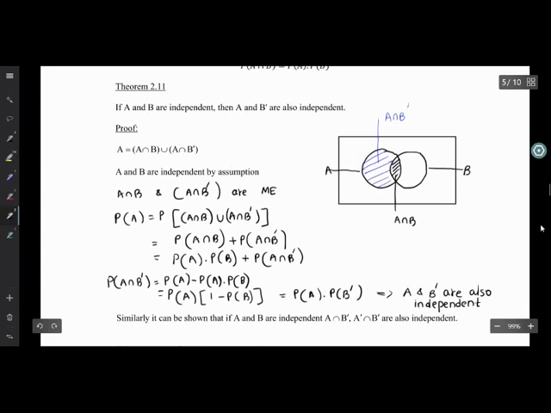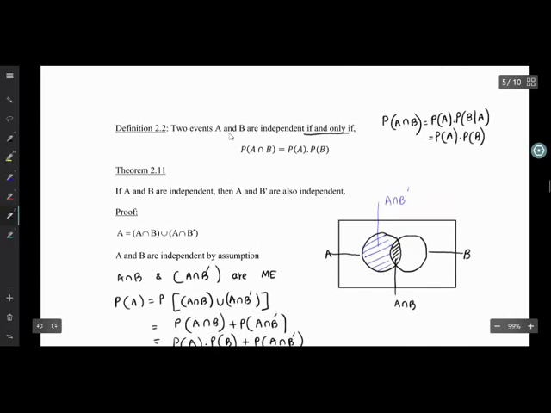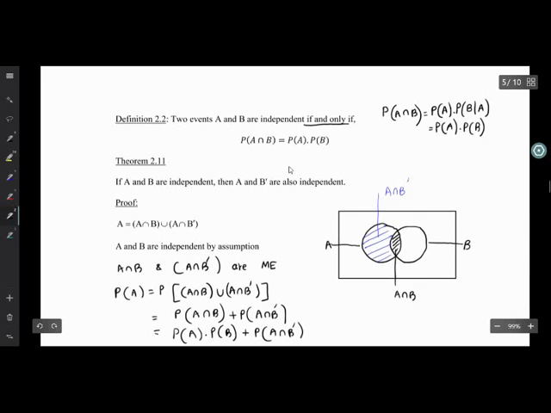Okay. So remember that we have if and only if. Two events A and B are independent if and only if this equation is satisfied. So which means if this equation is satisfied, A and B are independent. So it is both ways.